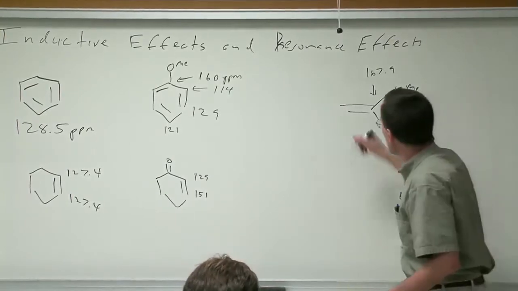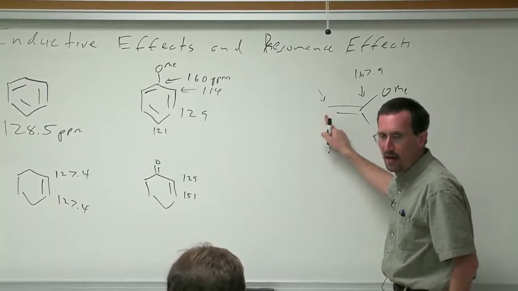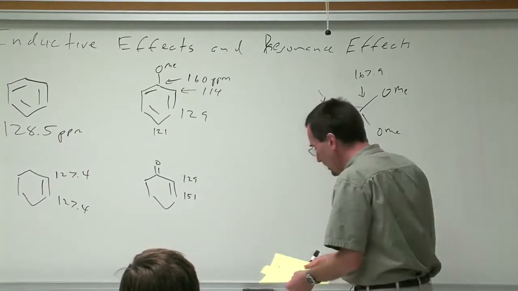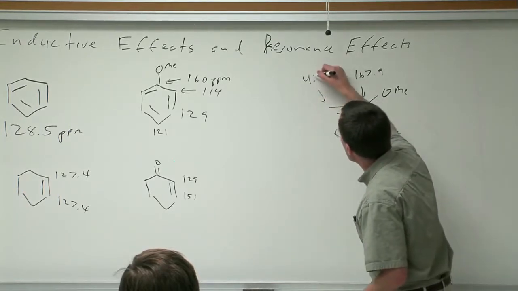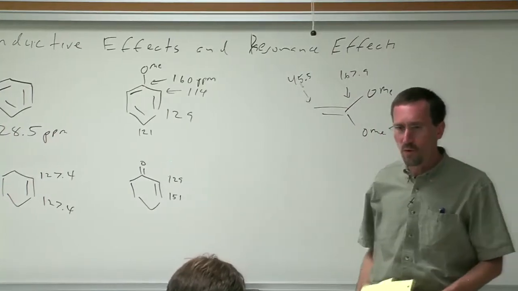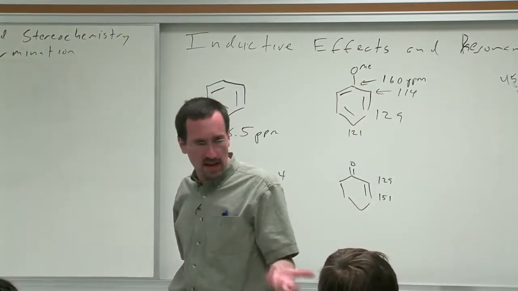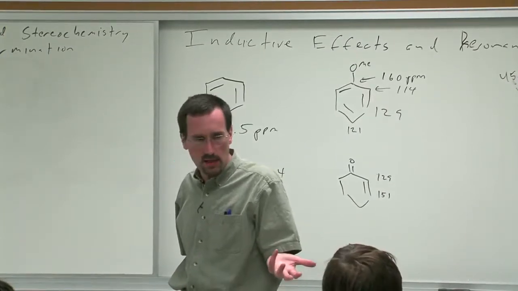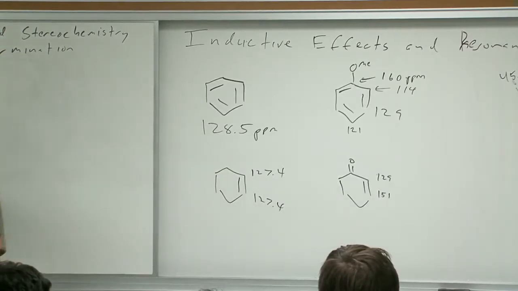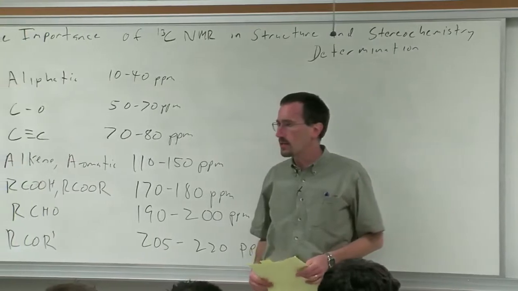But what's really huge is the beta position on the alkene. Now we're so electron rich. This thing is so nucleophilic at this position. There's so much electron density at that position that we're at 45.5 ppm. You look at a spectrum of that, you wouldn't even know it's an alkene, because you'd say, oh, that's got to be aliphatic. That's got to be somewhere over here. And we've just pumped up the electron density hugely.